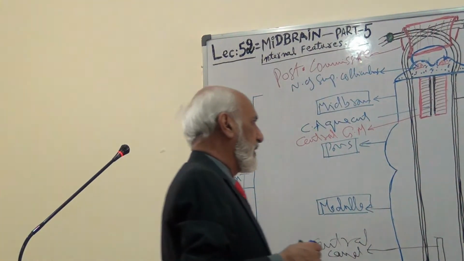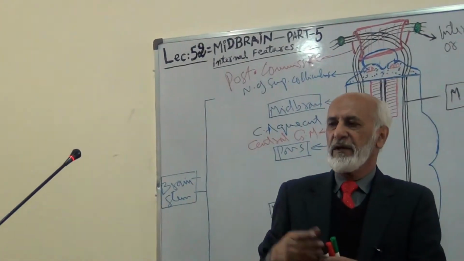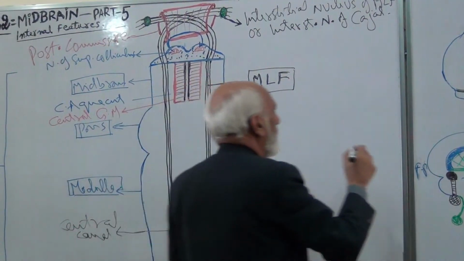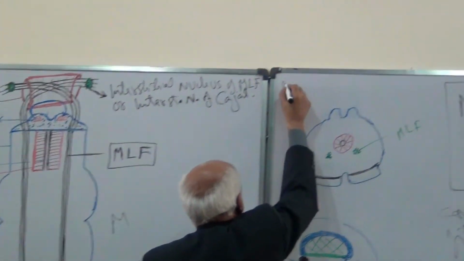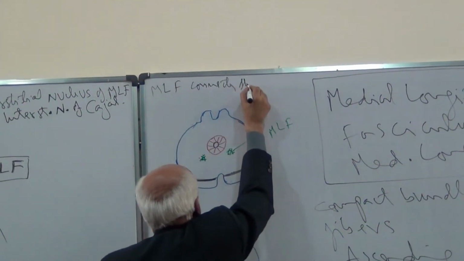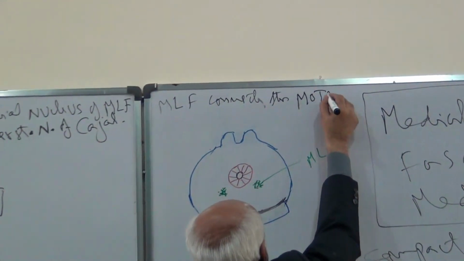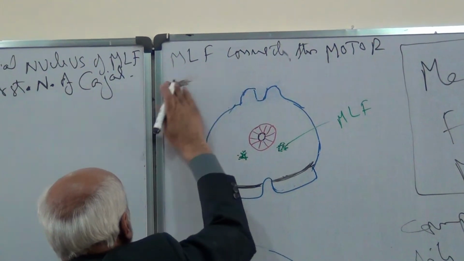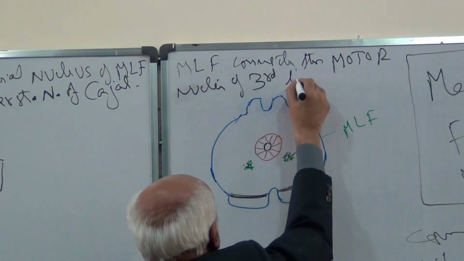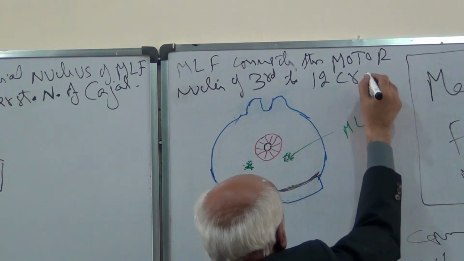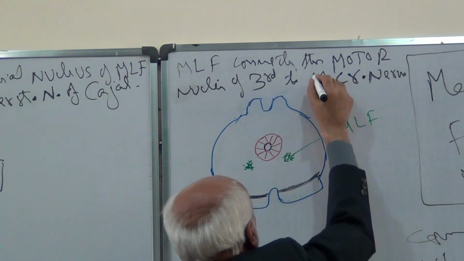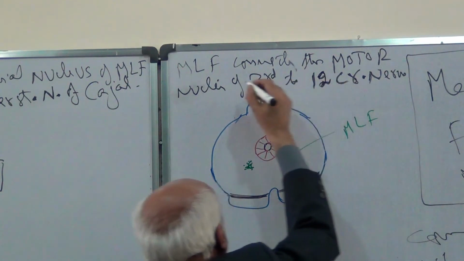These ascending and descending fibers of the medial longitudinal fasciculus connect the motor nuclei of the 3rd to 12th cranial nerves.